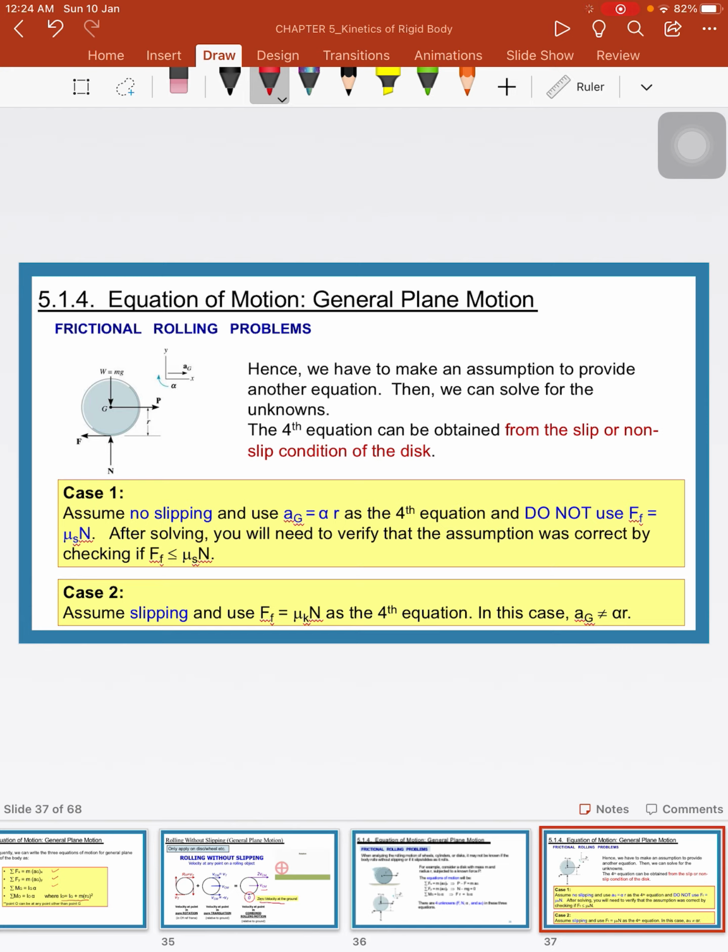The fourth equation can be obtained from the slip or non-slip condition of the disc.